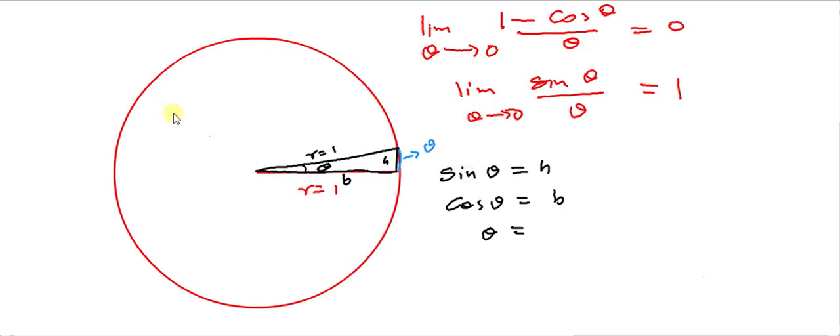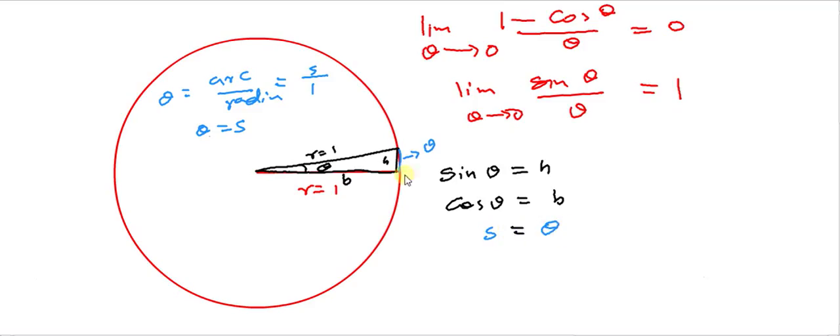We are using this formula: angle theta is equal to arc over radius. So theta is equal to s over 1, so s can be written as theta numerically. So s is equal to theta.